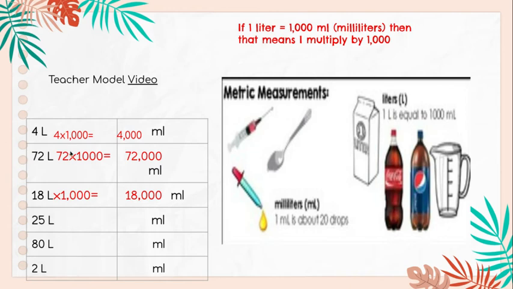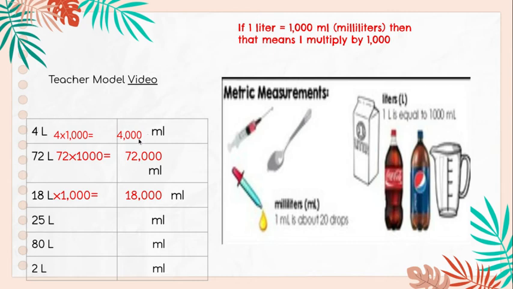And as you can see, I said 4 liters times 1,000 because there's 1,000 milliliters inside of 1 liter. So 4 liters times 1,000 equals 4,000 milliliters. 4 liters and 4,000 milliliters are equivalent. They're the same amount, but this one's in liters and that one's in milliliters.